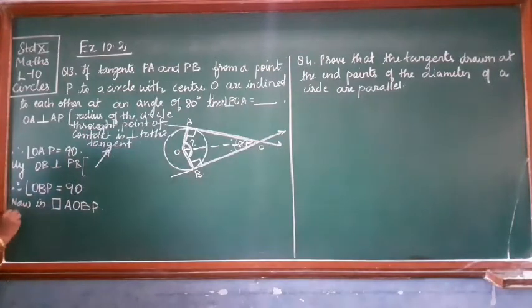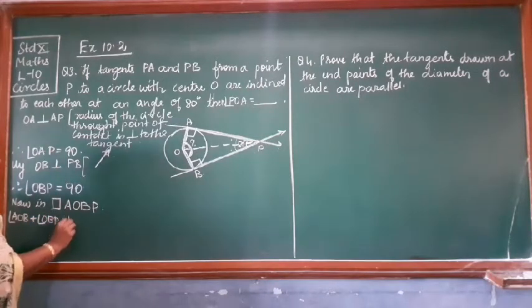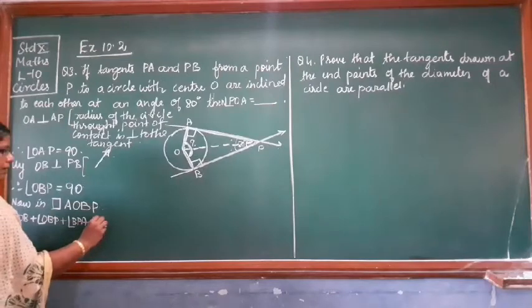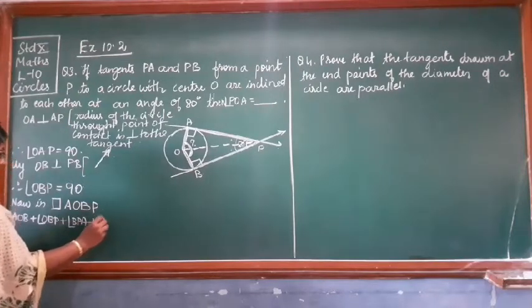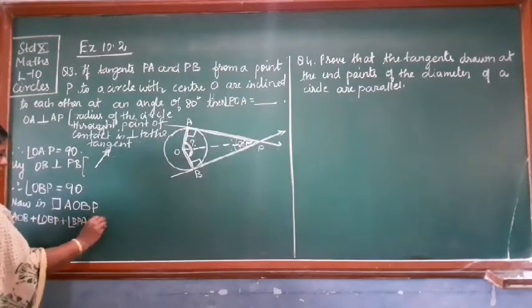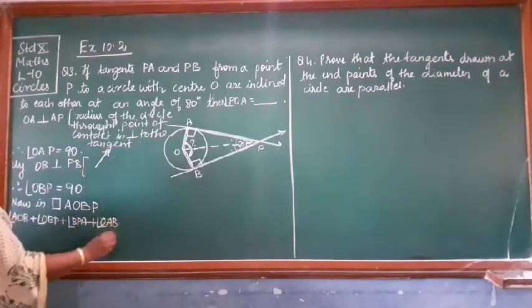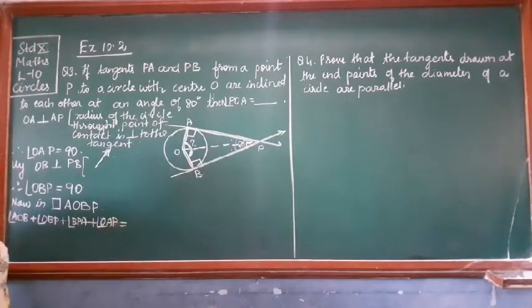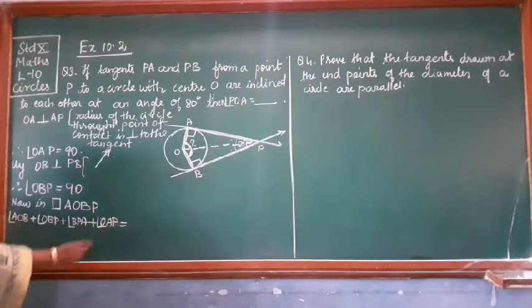Angle AOB plus angle OBP plus angle BPA plus angle PAB or OAB we can write, OAP will be equal to, here OBP, here OAP together.